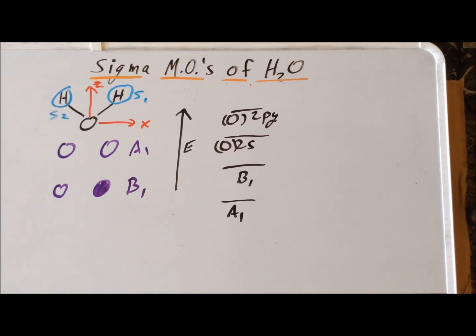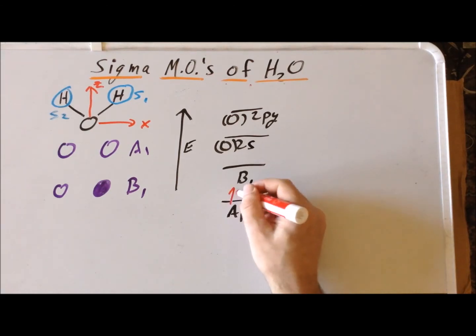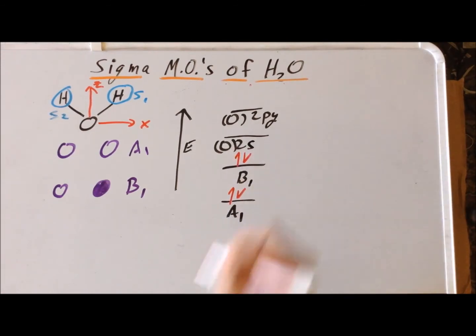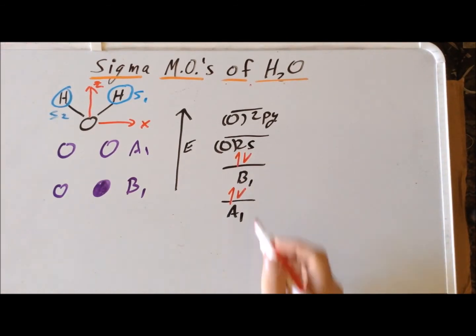Our last step is to realize that we have 8 valence electrons in water, and we can allocate those 8 electrons. So the first 2 electrons go into the lowest energy molecular orbital, A1. The next 2 electrons go into the bonding orbital with B1 symmetry.